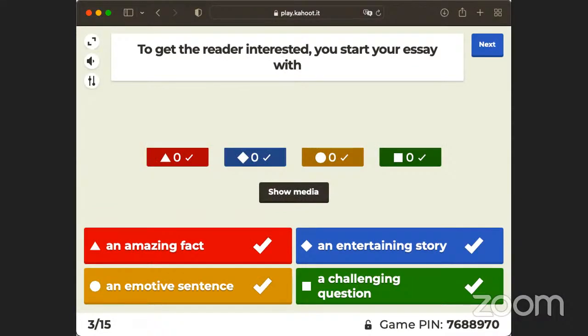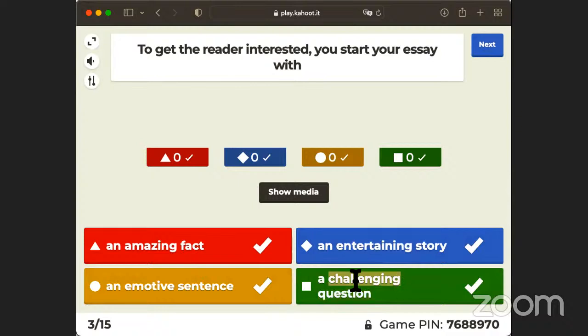So how do we get the reader interested when we start reading or writing the persuasive essay? With an amazing fact. We have to show many emotions. We also have to entertain with a story. And we should have a challenging question.